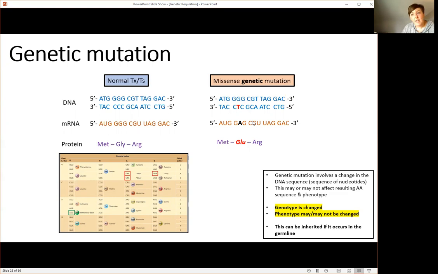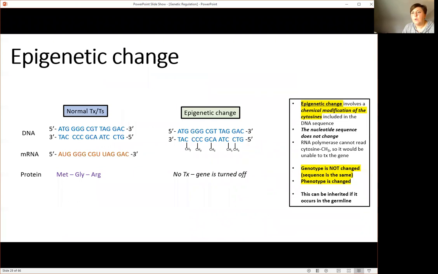So in the case of a genetic mutation, you get a change in genotype, but you may or may not get a change in phenotype. It completely depends on the nature of the genetic mutation. However, with epigenetic change, you do not have a change in genotype. You can see here that compared to the normal gene, the sequence of nucleotides is the same.